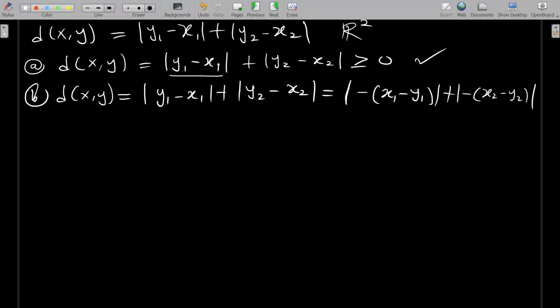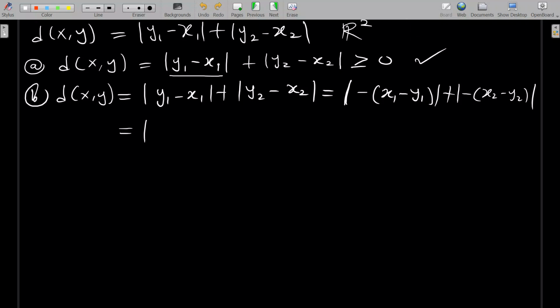When you expand the brackets in the absolutes, you realize that you have the same things. Absolute of negative a is the same as absolute of a, so absolute of negative something is the same as the absolute of the positive of the same thing.